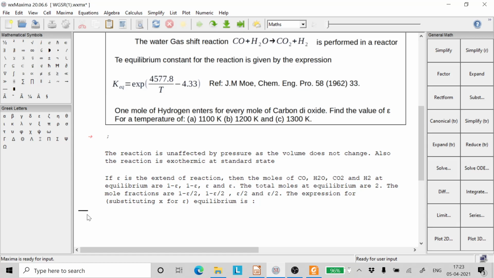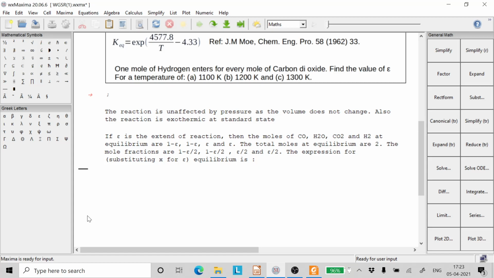Now, for simplicity's sake, to solve the problem, I can use epsilon and write the expressions, but I would substitute epsilon with x. Now, let's write the expression for the equilibrium.